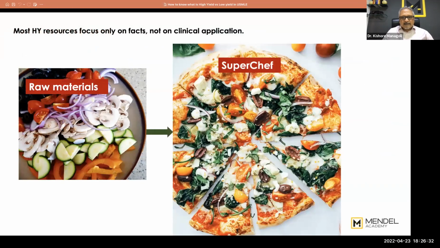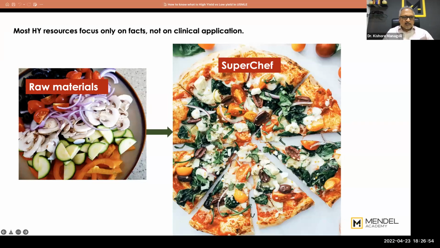Now, this is the example that I like to give. Most of these resources that we just saw, whether it is the USMLE content outline, or First Aid or whatever, they focus only on facts. They only list what is high yield. They don't explain anything.